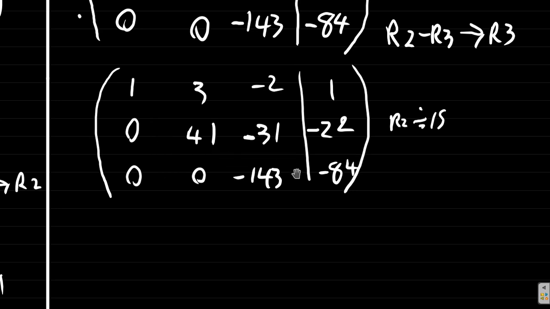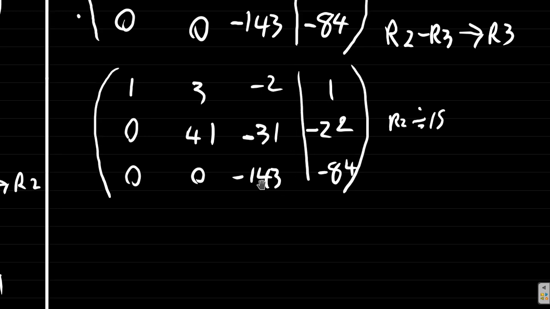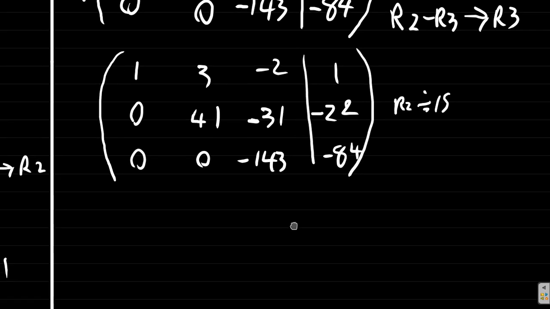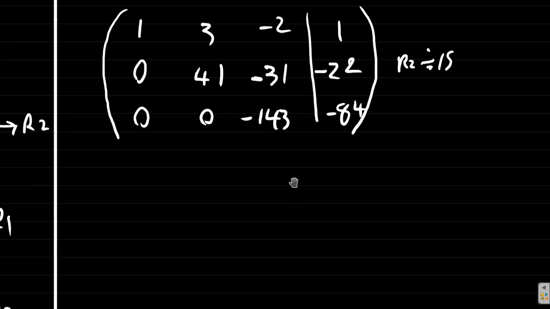But what we're going to do is rewrite these as equations and see what will happen to them. So 1x plus 3y minus 2z equals 1.